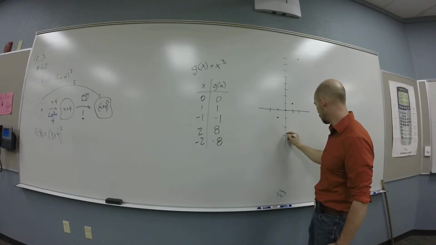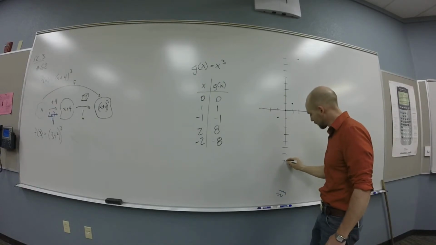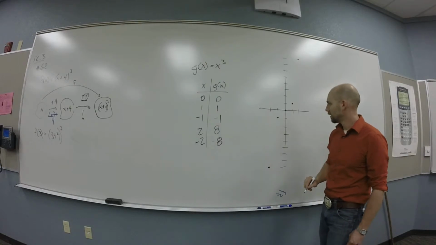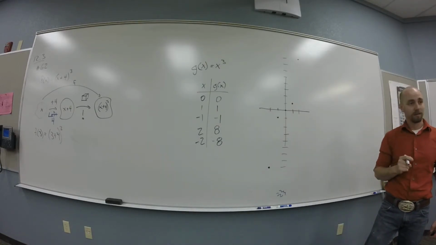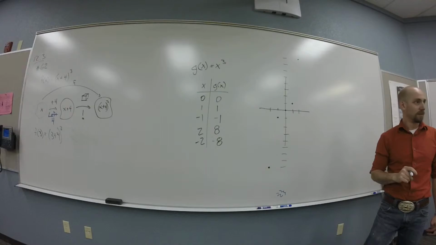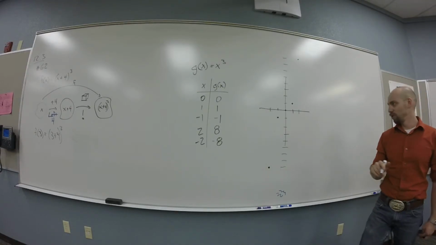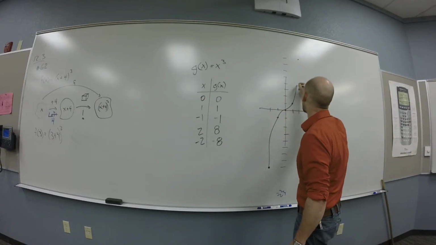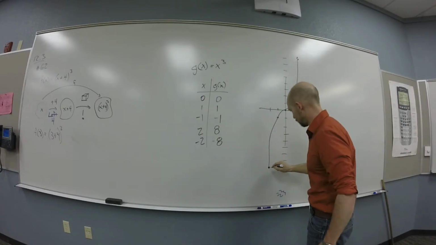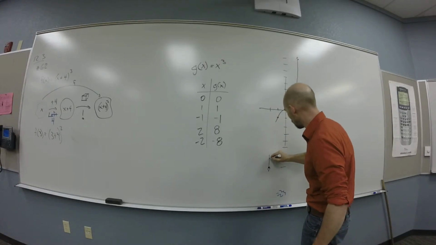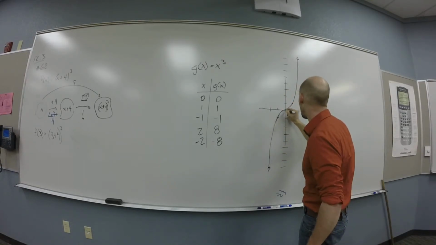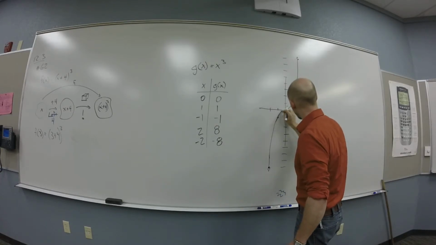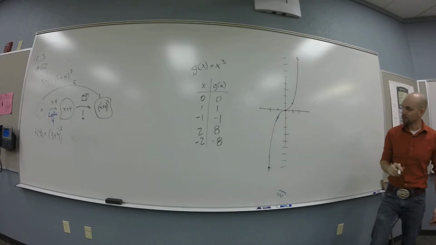So 1, 2, 3, 4, 5, 6, 7, 8. Okay. And then what? Yeah, connect the dots smoothly. Gets to be a bit of a challenge here. Oops. Really not smooth. Something like that.